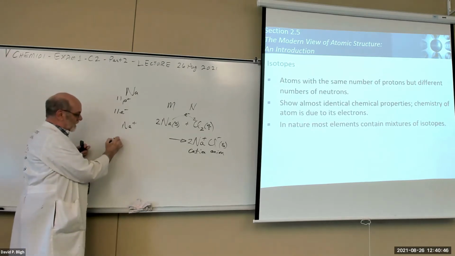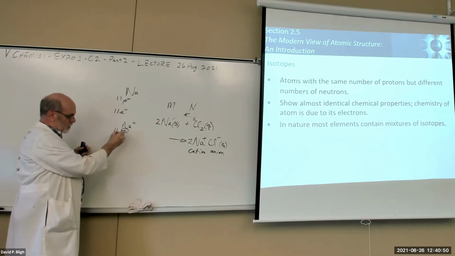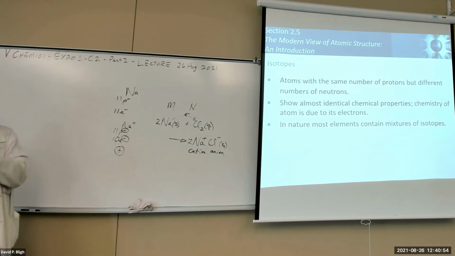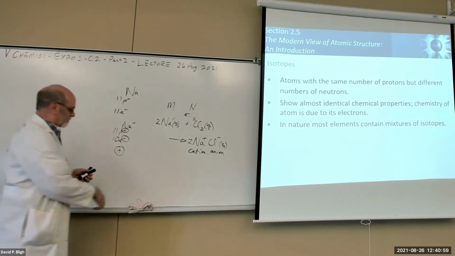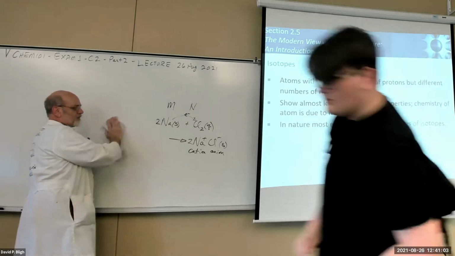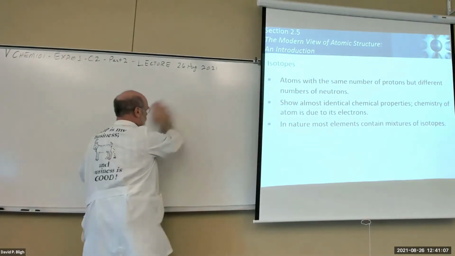So this one will have 10 electrons and 11 protons, which gives you the balance. Add them together, you get one positive. Okay, so that's the ionic bond, complete transfer of electrons.